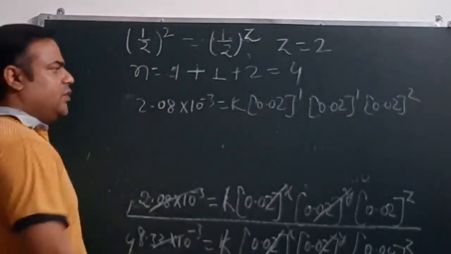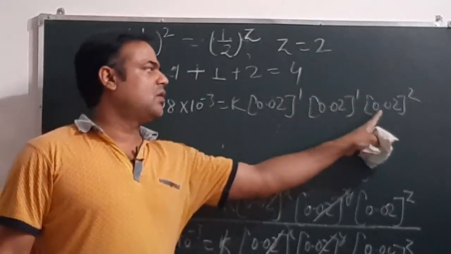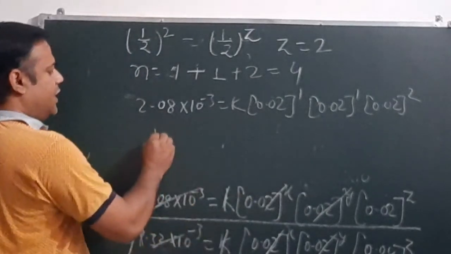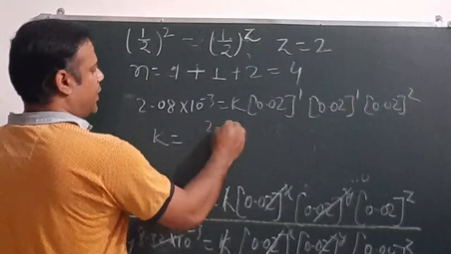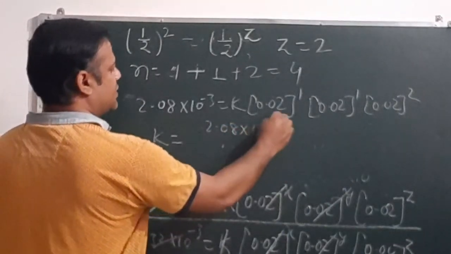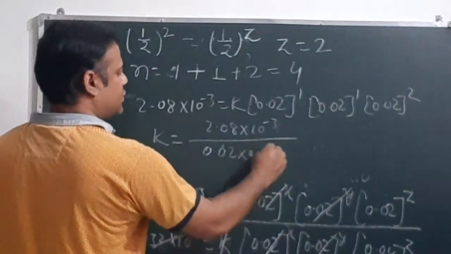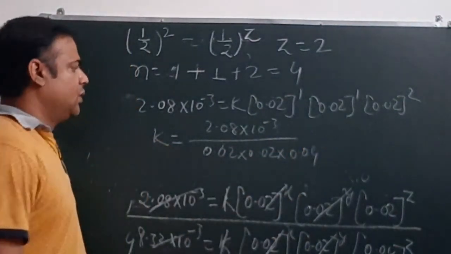In this equation you can see order with respect to A is 1, order with respect to B is 1, order with respect to C is 2. From this expression we can calculate the rate constant. The rate constant will be 2.08 into 10 to the power minus 3 divided by 0.02 into 0.02 into 0.04.